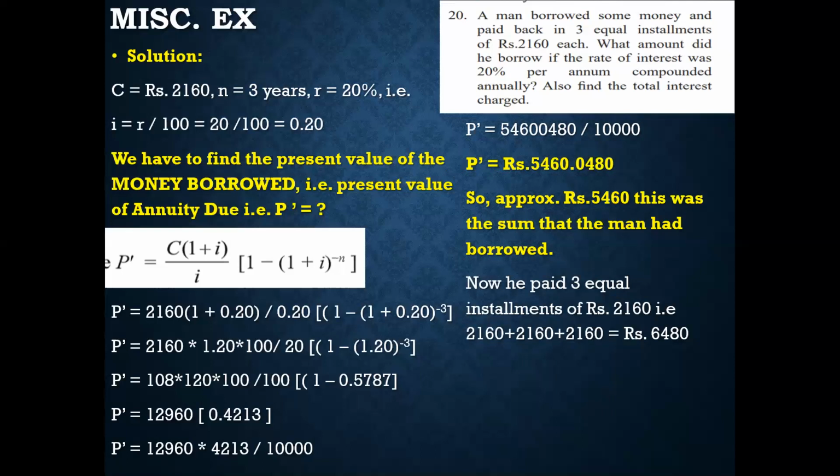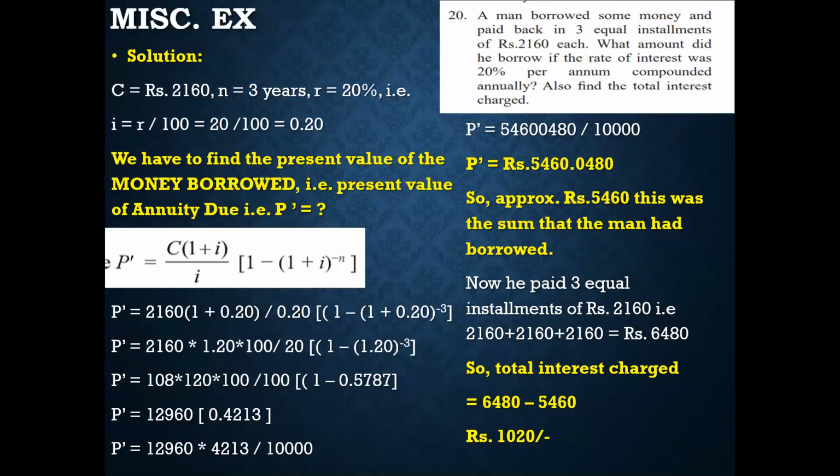So that is rupees 6480. So the total interest charged was, he borrowed 5460, he paid back 6480. So what will be the interest? 6480 minus 5460. So the interest comes up to 1020 rupees.